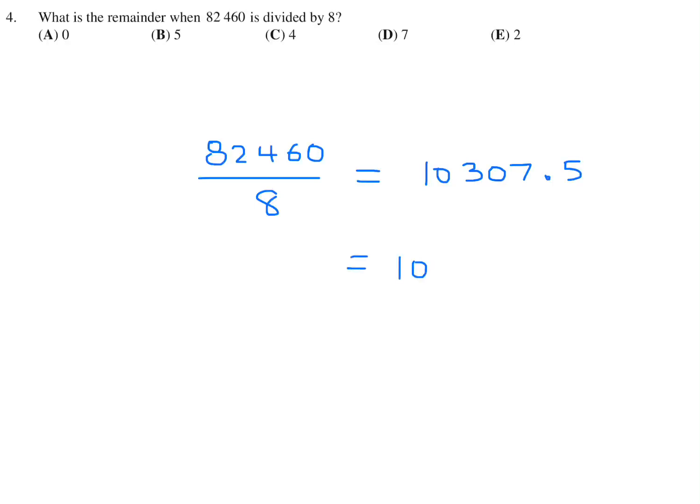So we got 10,307 as our whole number, and then we've got this lone 0.5. So 0.5 of what? Well, 0.5 of 8. So that essentially means 10,307 plus 4, half of 8. And therefore the remainder is 4. So choice C.